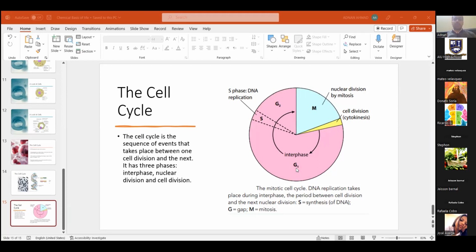After a few days, another phase starts, called the S phase. When a cell grows and reaches its maximum size, it shifts into S phase.